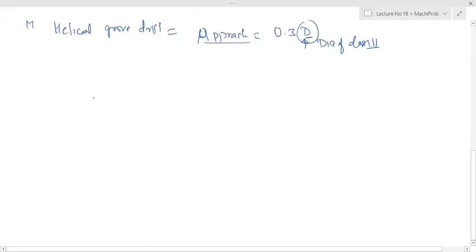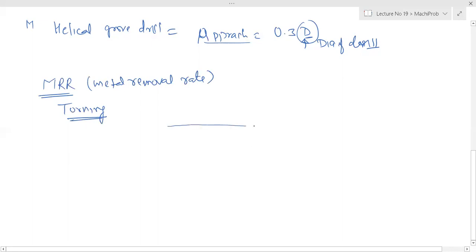Okay, fine. One term is MRR, metal removal rate. Already we have discussed metal removal rate. But in turning, how to calculate this? In turning, you have a bar.